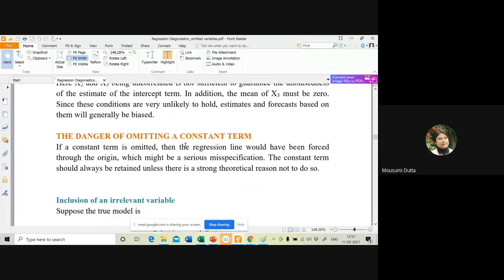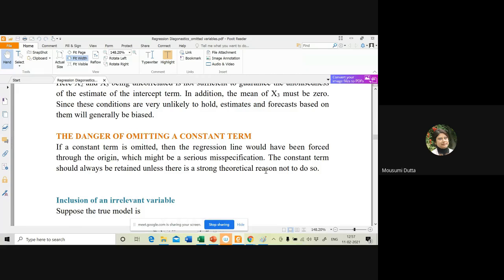The danger of omitting a constant term in a regression model. It's a note. If a constant term is omitted, then the regression line is forced through the origin, which might be a serious misspecification.